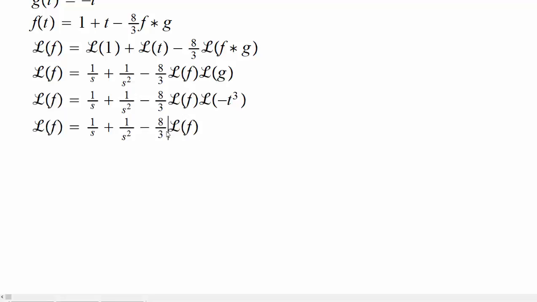Let me write it here for you. That will be negative 3 factorial over s to the power 4.